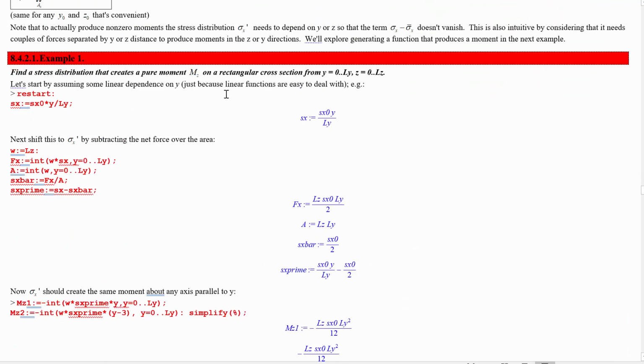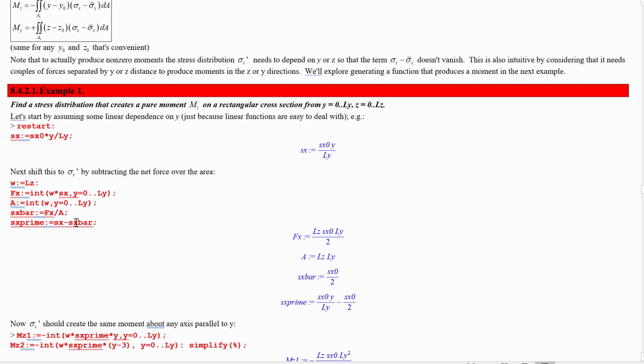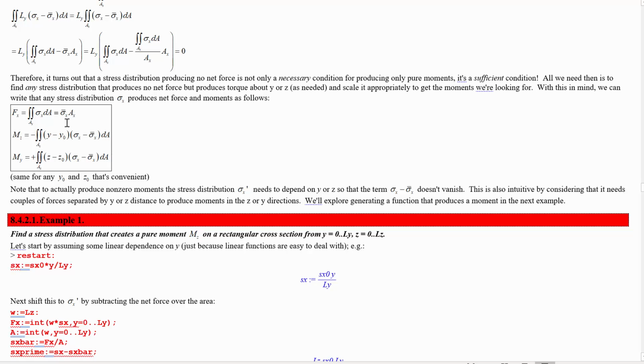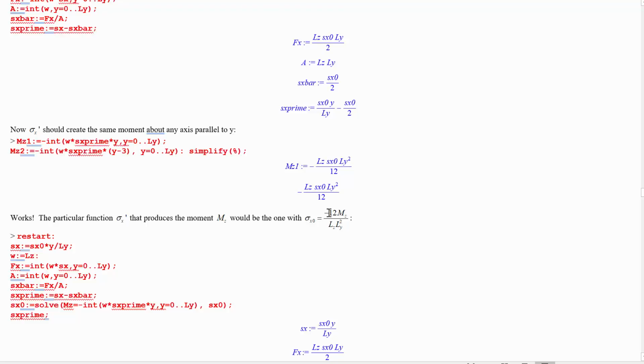Then we went in and made up any function and saw if we could, first of all, maybe just explore that the calculations we were doing before worked, that it does, after we subtract off the average stress, produce what we thought it should, which is no force but a pure moment. And then we scaled it to make it produce the moment that we wanted.